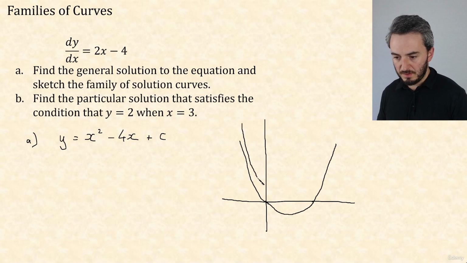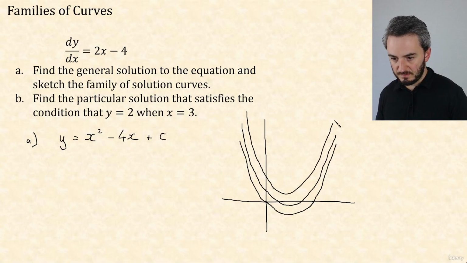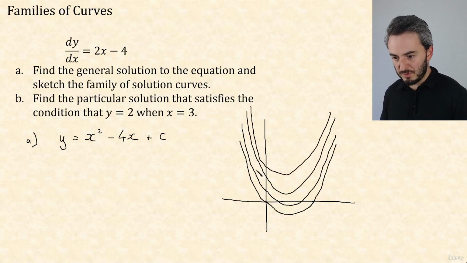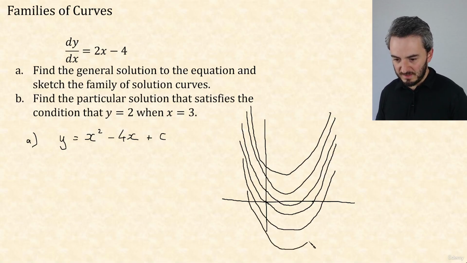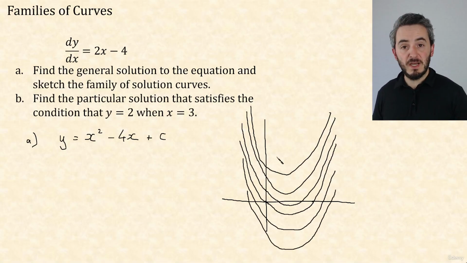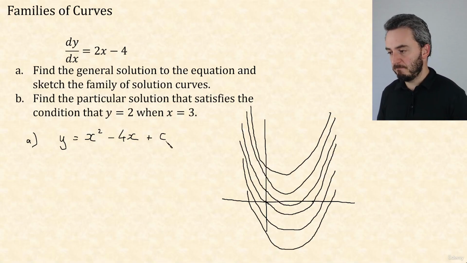So I've got one which is a little bit higher, and another one which is a little bit higher, and another one which is a little bit higher, and some ones which are lower as well. This is hard to do neatly, particularly on a digital writing pad, but I'm sure you can do better. And so this would be the family of solution curves. It's just a sense of what all of the solutions look like for all values of c.